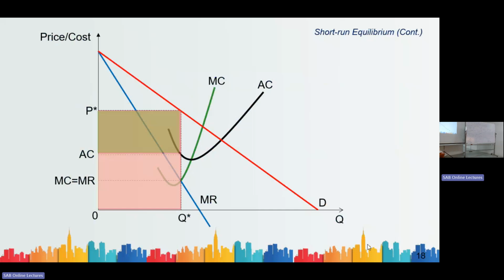You have to find the exact price corresponding to this Q star. We know the Q star, so substitute 125, which is Q star, into the inverse demand curve. That will give you the equilibrium price.